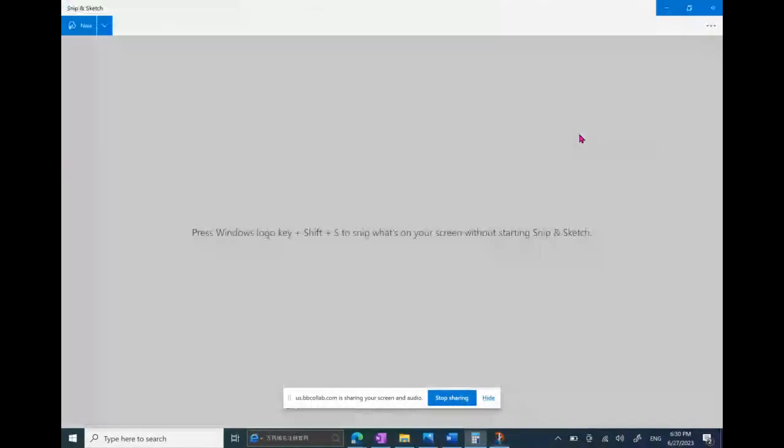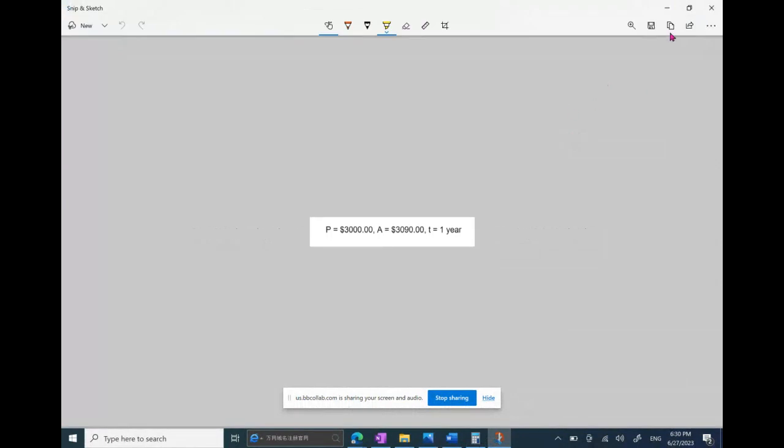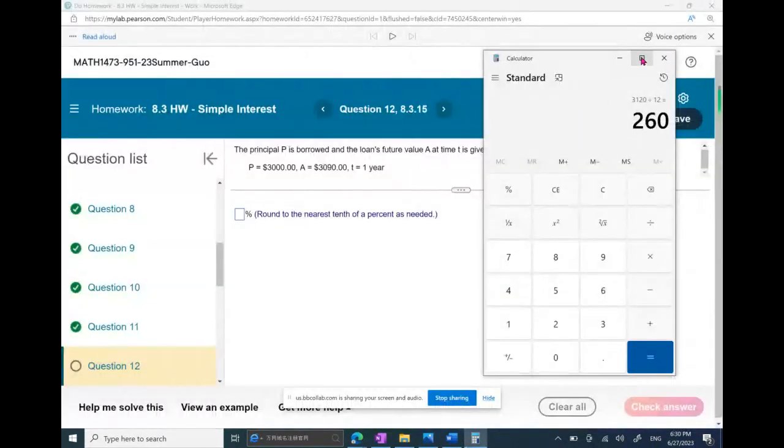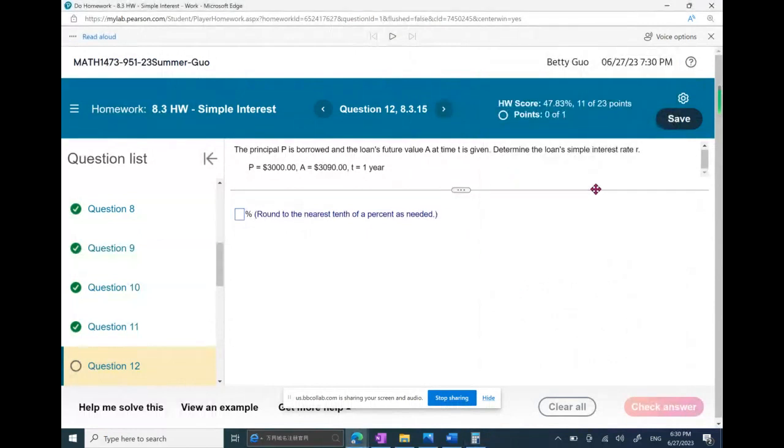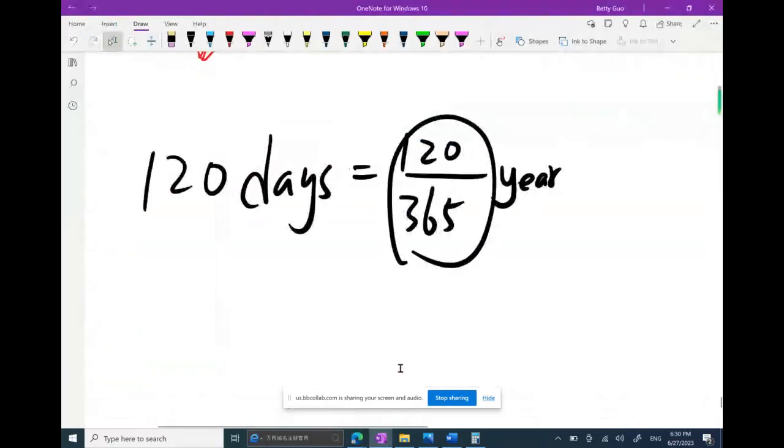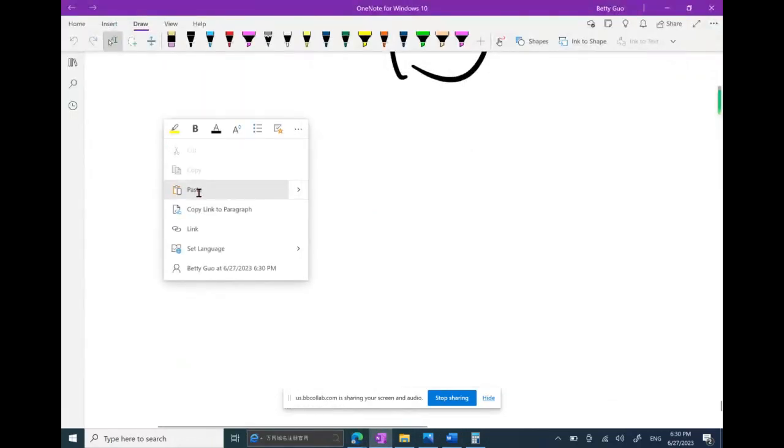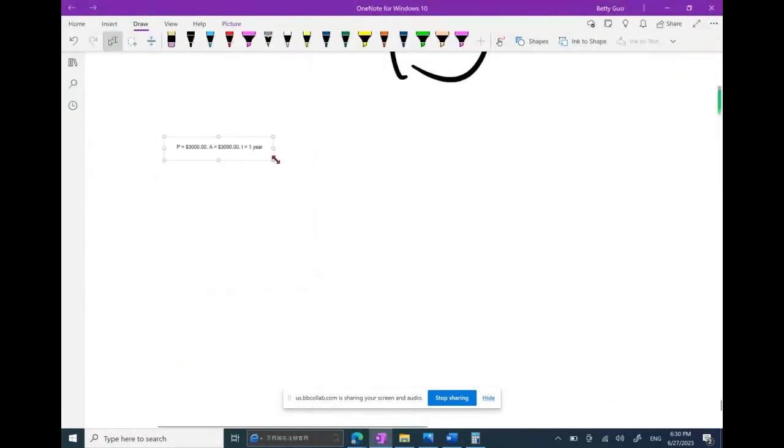We are looking for the simple interest rate R, the annual interest rate. So we would do this first.